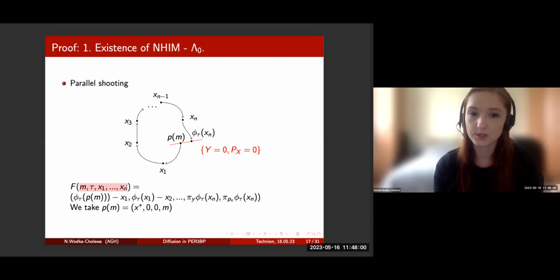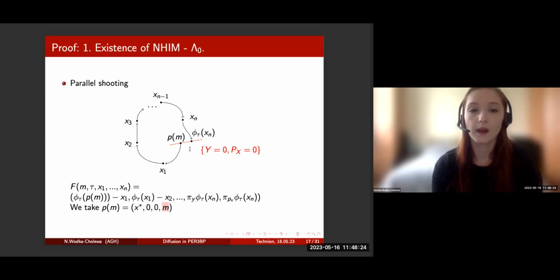So this is 0, so everything is connected, and I have a good value m to start with, because I don't know that. I only fix this, and I want to find what should be on the py coordinate, so I have a good starting point, and I will connect everything and go back to the section.